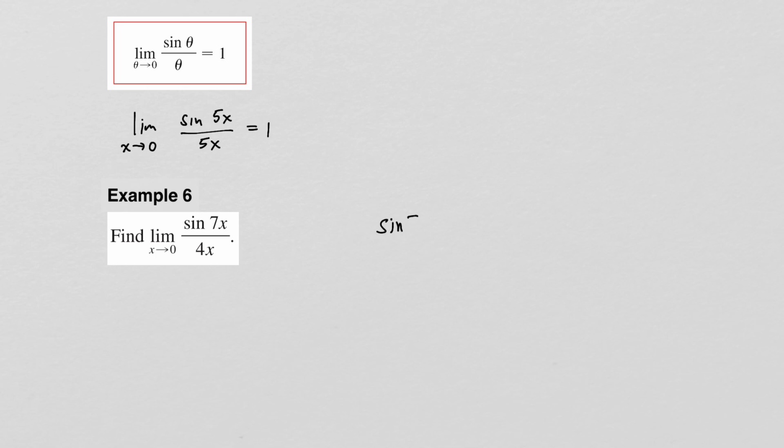So let's think about this. If I have sine of 7x over 4x, what I really need down here is a 7 in front of that x. So what I'm going to do is pull that 4 off to the side, like so, and then I can introduce a 7 down here. If I do that, though, I have to also multiply the top by 7, right?